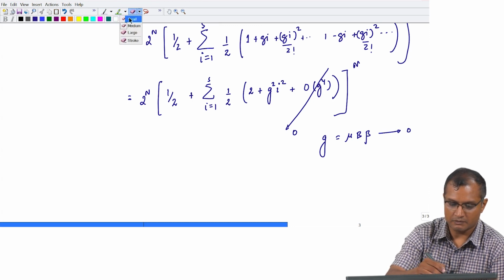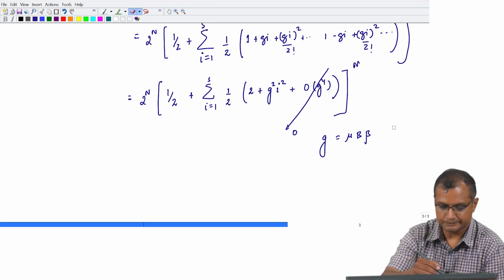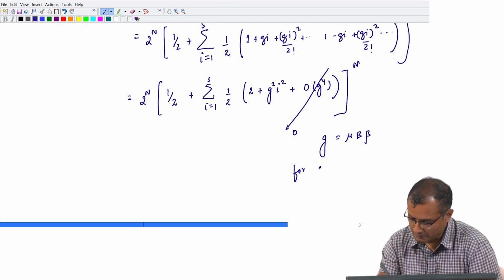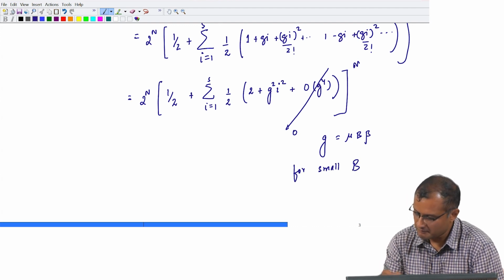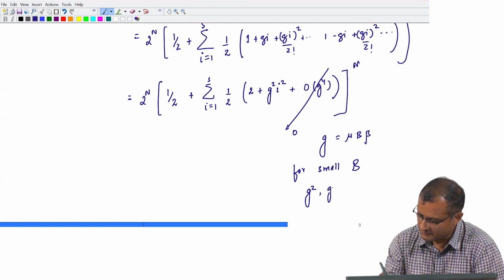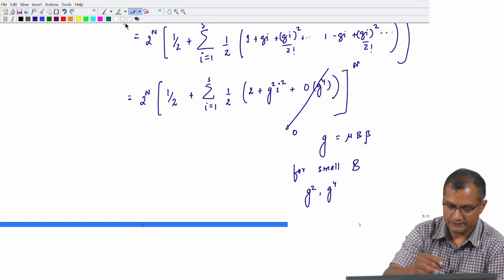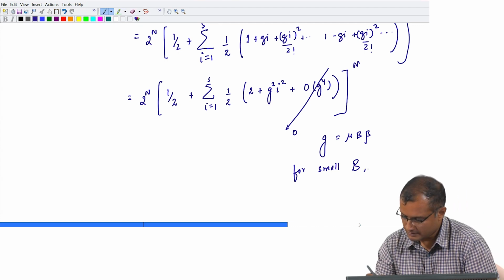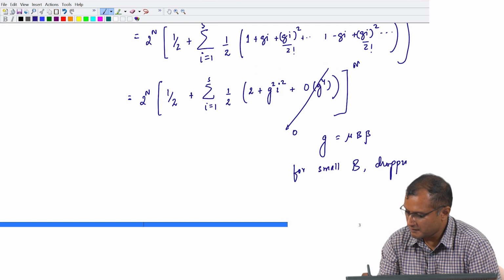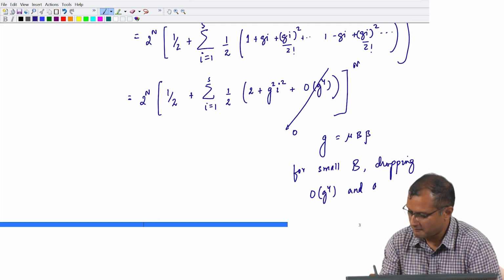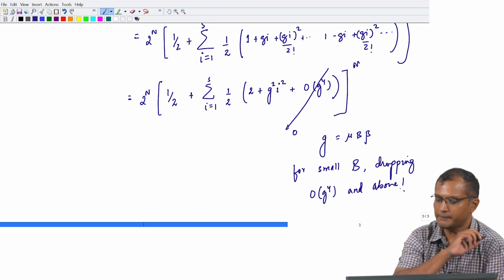I am going to write down that for small b or small values of field, G square, G4, I am going to write down that we are dropping terms of the order G4 and above, okay.